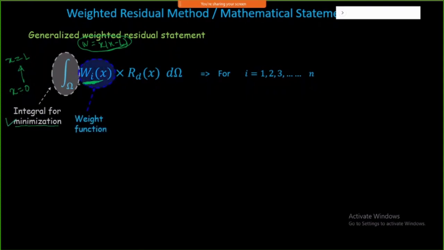Next element is my weight function. That function may be anything, maybe a simple polynomial or something, but in this weight function there should be no constants. This is the most important thing you need to look at.